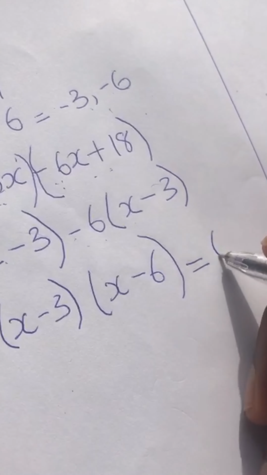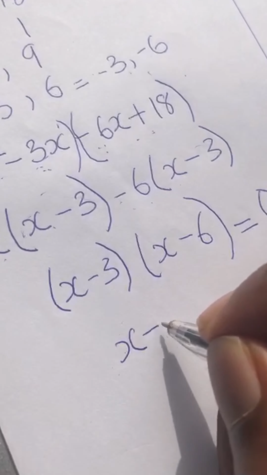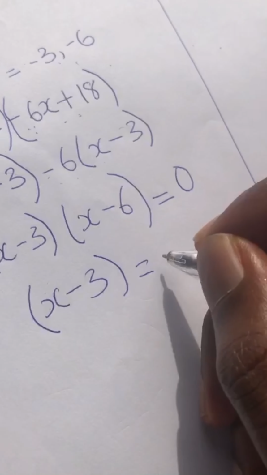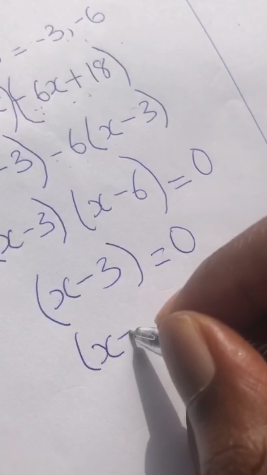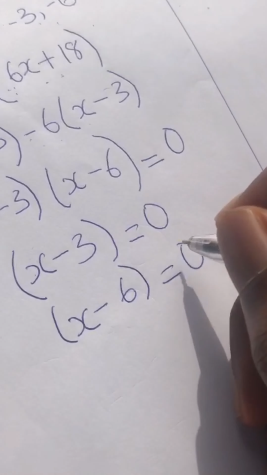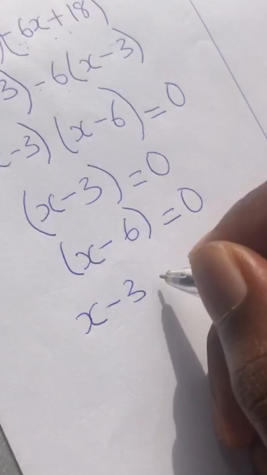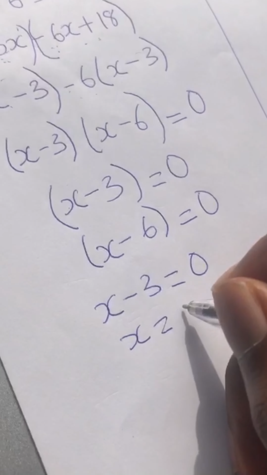This is all equal to 0. So now we take the first expression, x minus 3 equals 0. And we take the second expression, x minus 6 equals 0. From the first, x minus 3 equals 0, x equals 3.